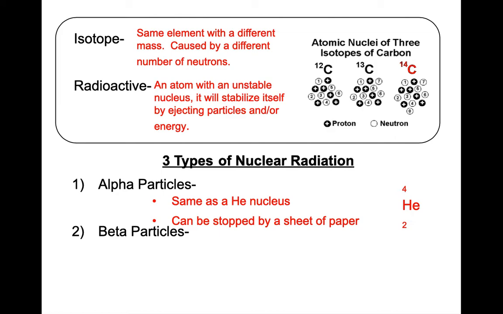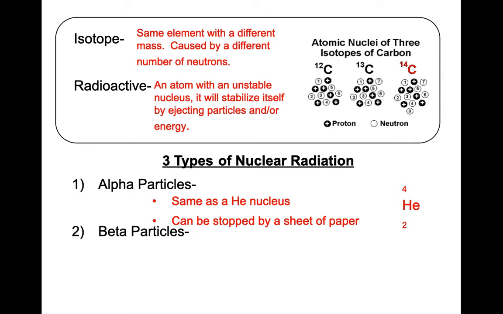So if we think about a helium nucleus, if you find helium on your periodic table, helium has atomic number 2. It has an atomic mass of 4, meaning it has 2 protons, 2 neutrons. So we symbolize that with this symbol. He is the symbol for helium.